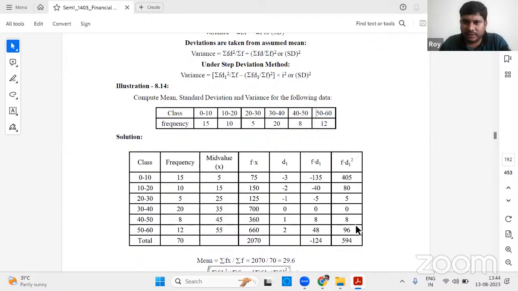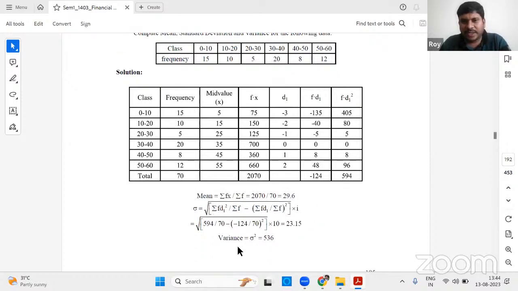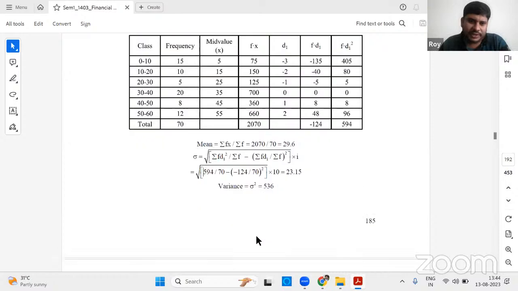And fd1 squared, you will get these values. Sigma fx divided by sigma f, then you will get the mean value. Standard deviation is equal to the square root of this, and then you will get the variance. The variance formula is standard deviation squared is equal to variance.